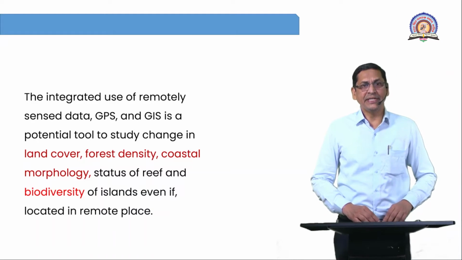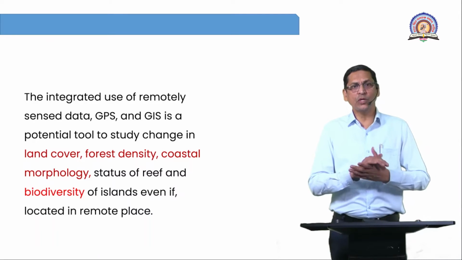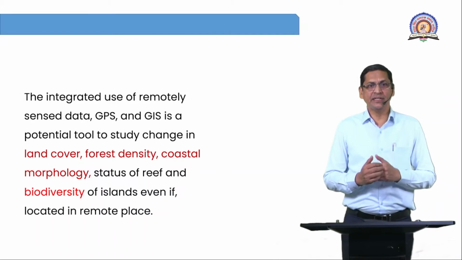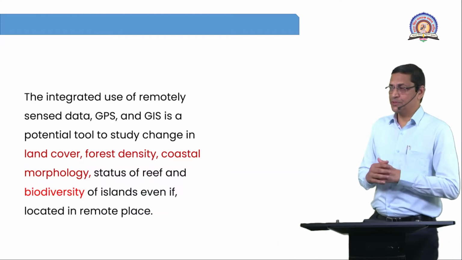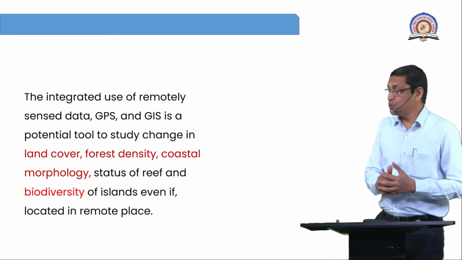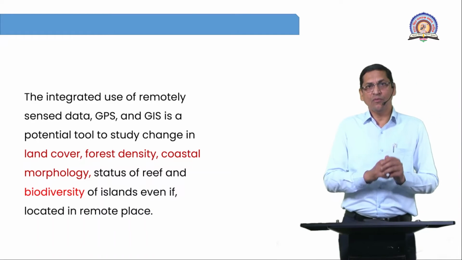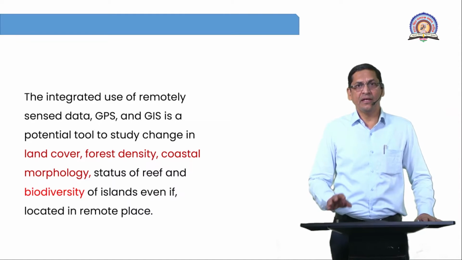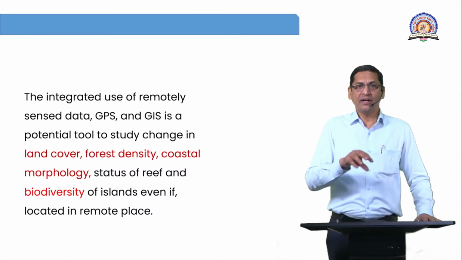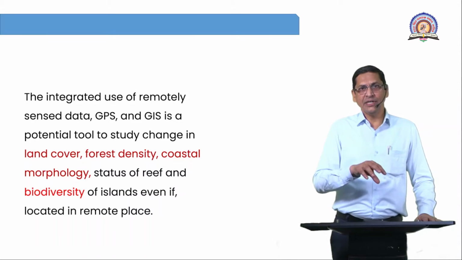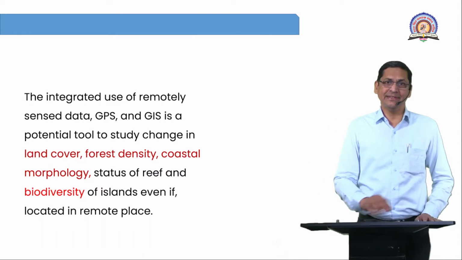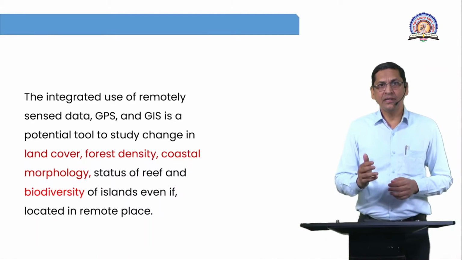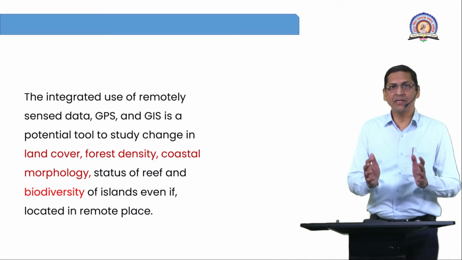Then the integrated use of remotely sensed data, GPS and GIS is a potential tool to study change in land use. So this data can be used to detect what changes are taking place in the land use. Then this data is also used for noting the changes in forest density. We know that with the growing population, forests are depleting, their density becoming less and less.